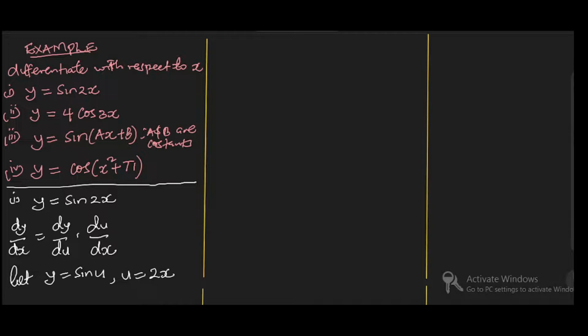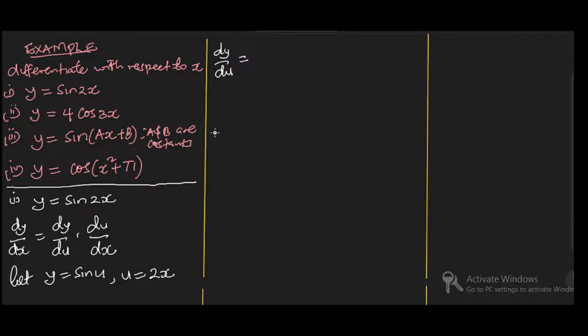So what does this mean? You're going to differentiate this one separately and this other one separately. What will dy/du be equal to? Remember, when you differentiate sine, you get cos, and when you differentiate cos, you get negative sine. That is what we need.